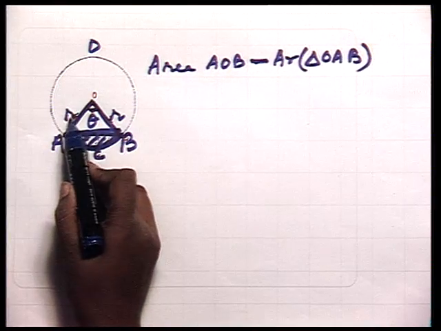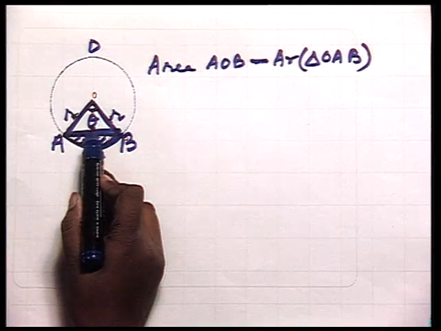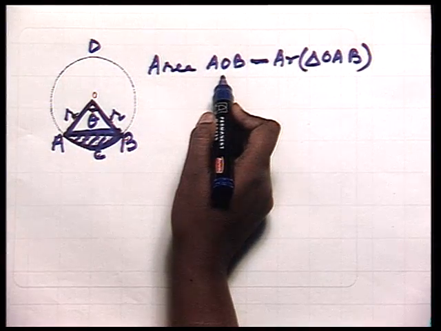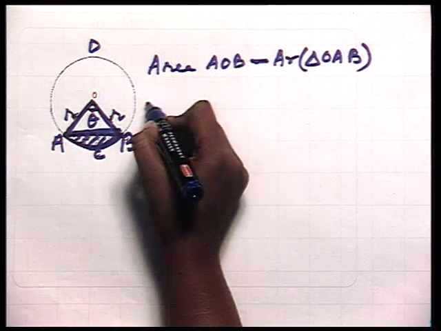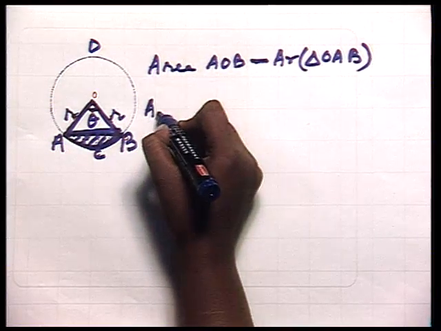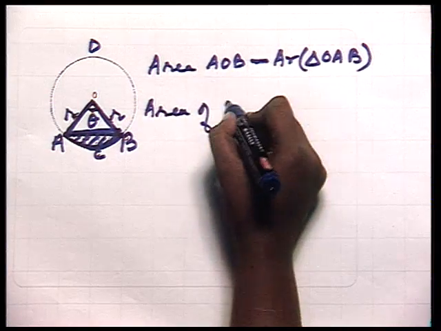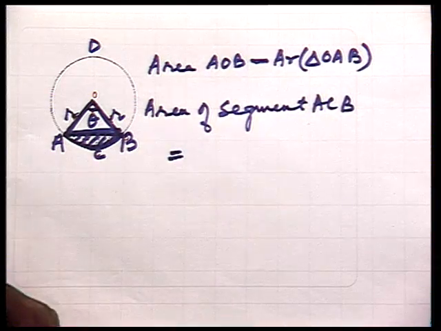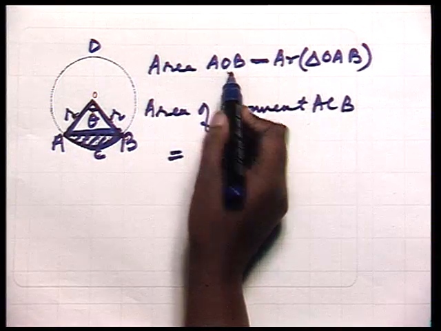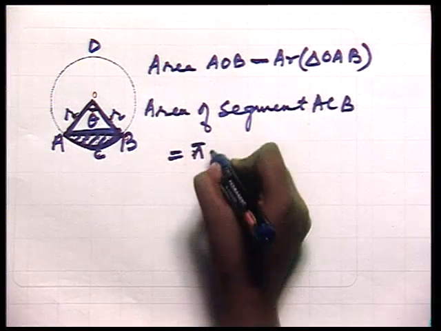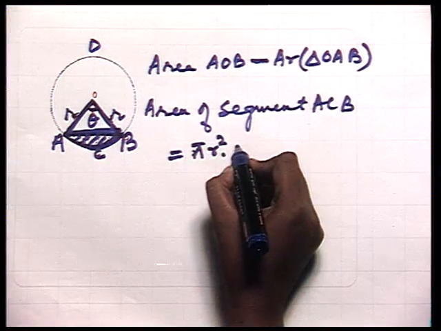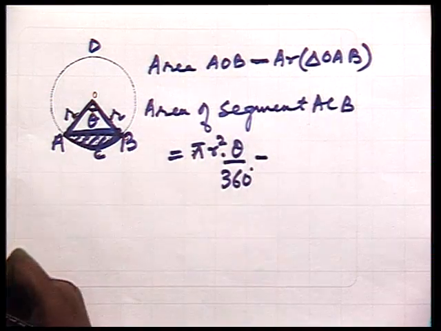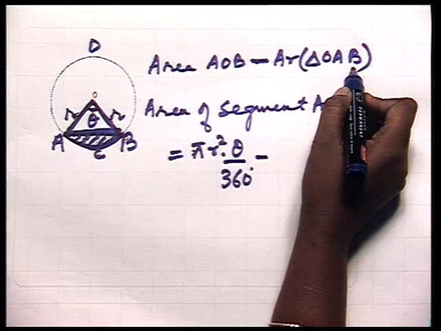Now, if r is the radius of the circle and angle theta is the angle made by this sector at the center, then we know how to find out area of a sector. Area of segment ACB is equal to area of the sector AOB. What is that? It is pi r square into theta upon 360 degree minus area of the triangle OAB.